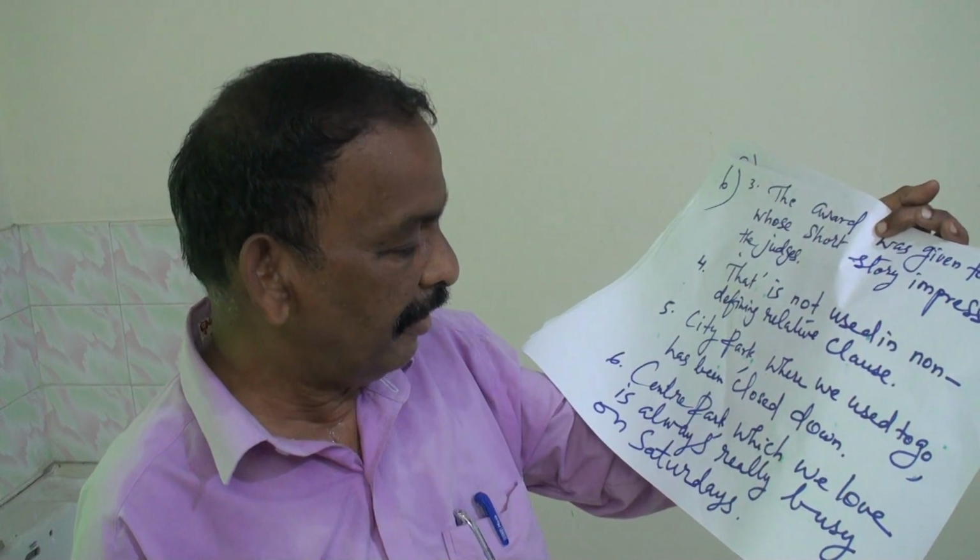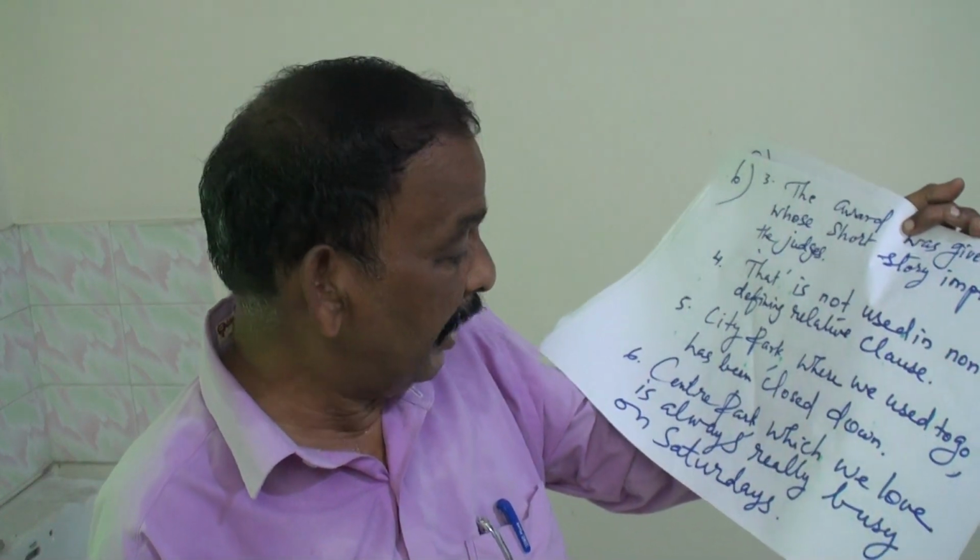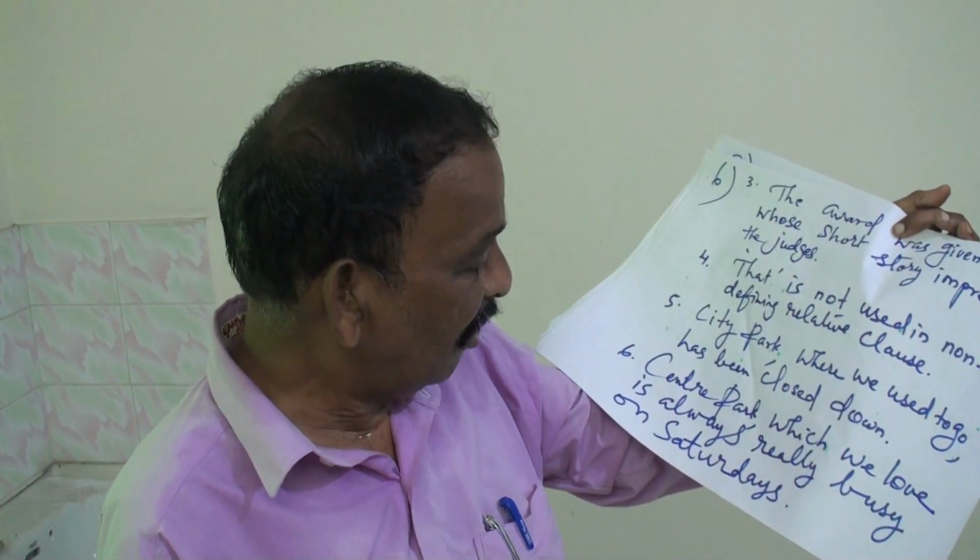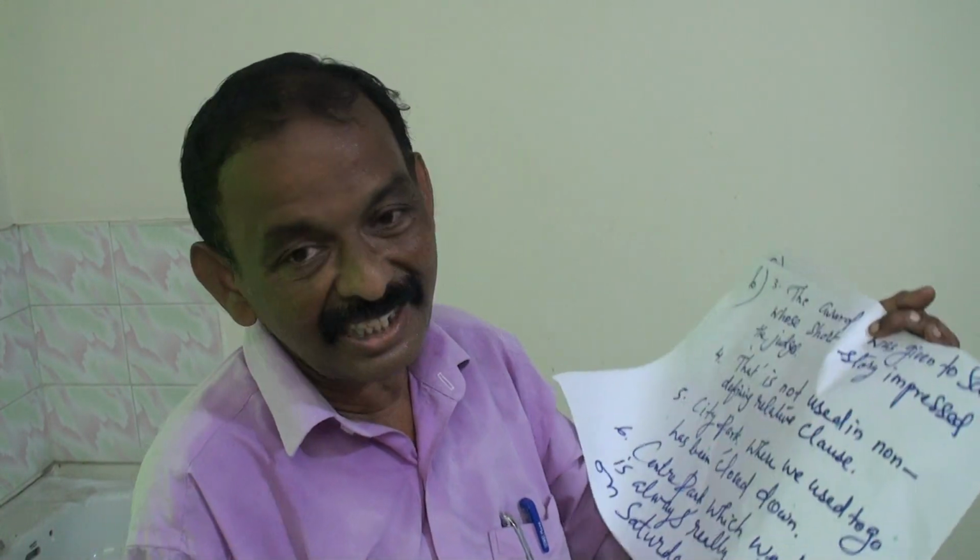Then Central Park, which we love, is always really busy on Saturday. Which park is mentioned? What kind of relative pronoun is used? Non-defining. So you must distinguish what type. Already that is the name mentioned.